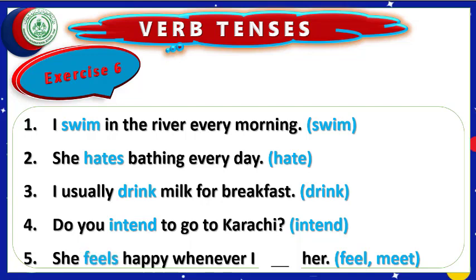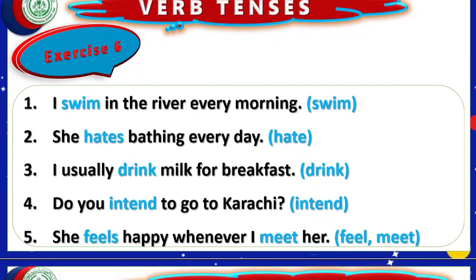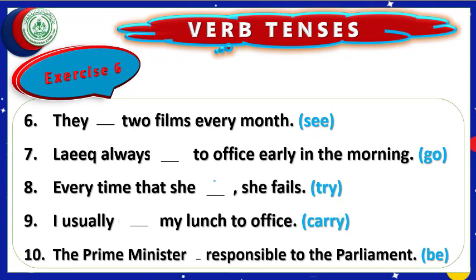She feels happy whenever I meet her. Part number 6. They see two films every month. Like always, goes. We shall write S with the first form of the verb to agree with the subject because the subject is singular. Every time that she tries, she fails. I usually carry. The Prime Minister is.